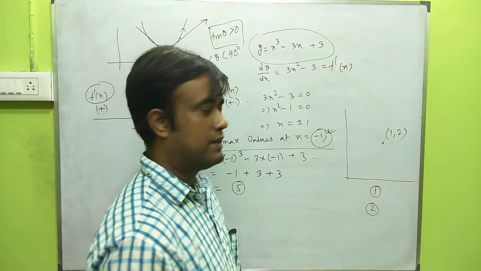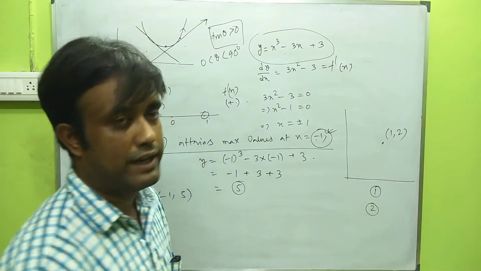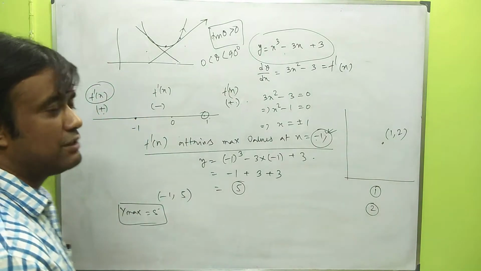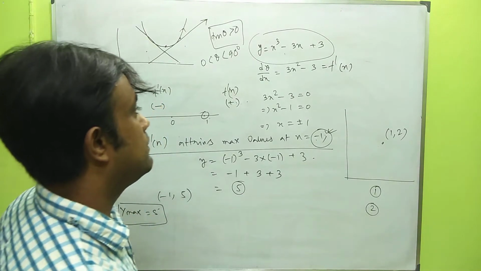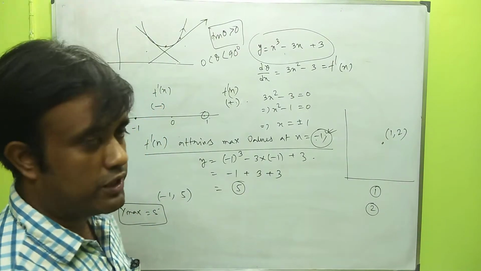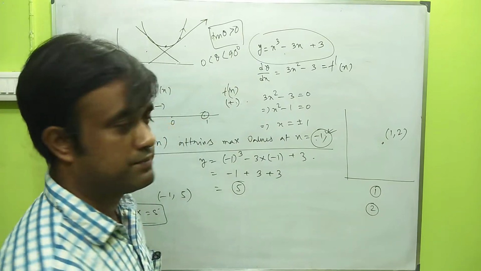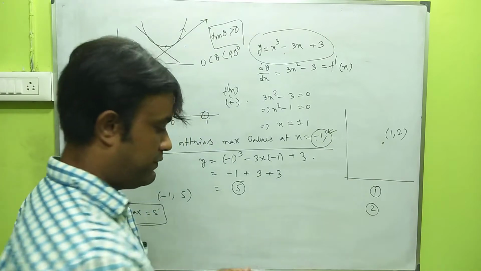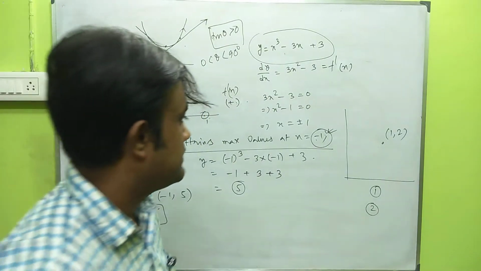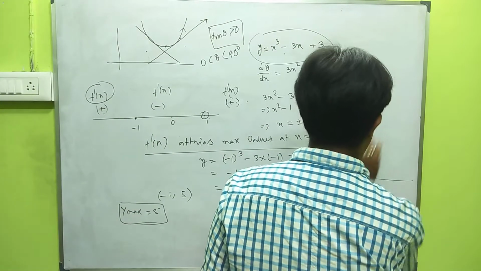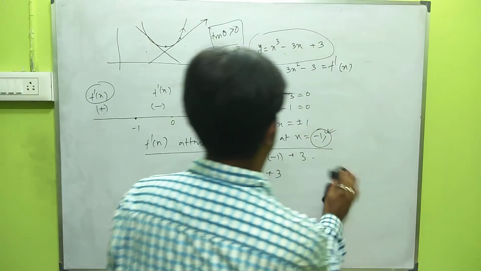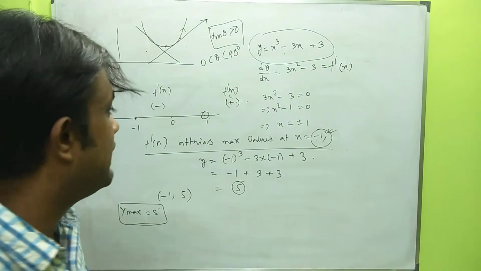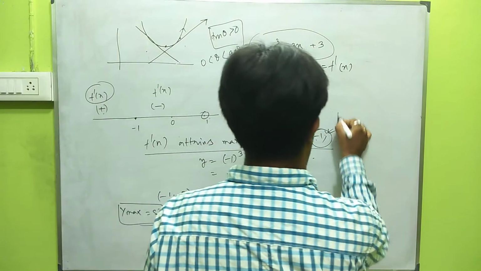Similarly, if you are asked for the point where it attains minimum value, then we proved in the previous step that the function attains its minimum value at x is equal to 1.